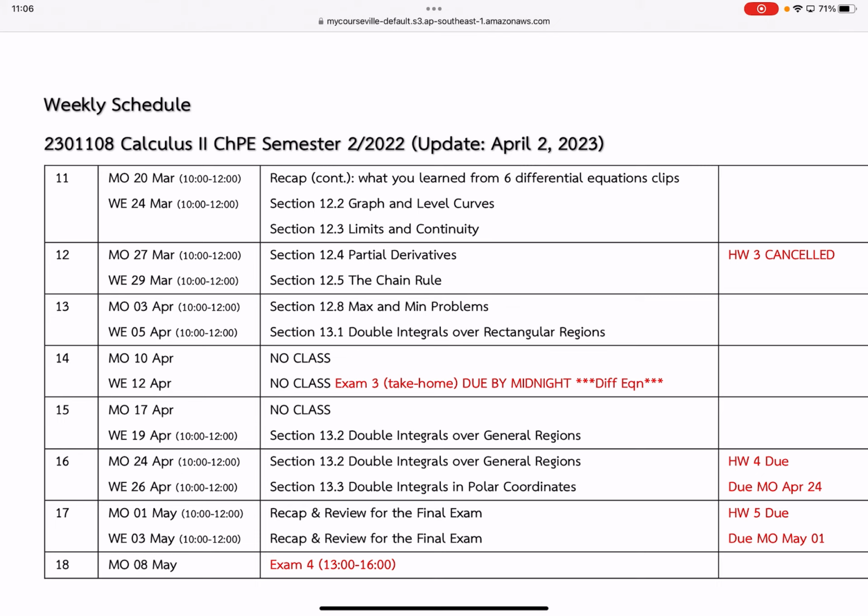The time that we have left, I'm going to say it's for you to study differential equations and do the take-home exam, okay? We're going to start double integrals on Wednesday and then we have 3 more classes for double integrals.